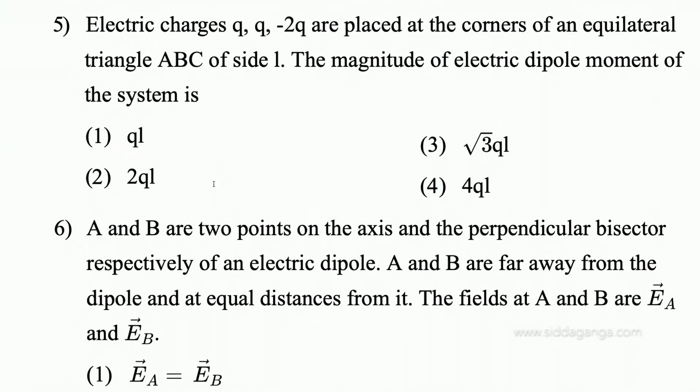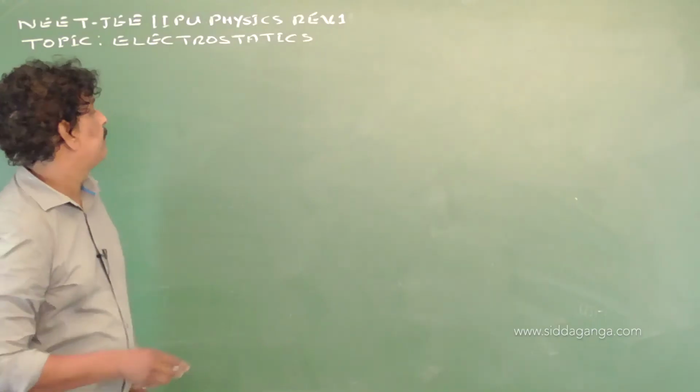The fifth question: electric charges Q and Q, minus 2Q are placed at the corners of an equilateral triangle ABC of side L. The magnitude of the electric dipole moment of the system is?